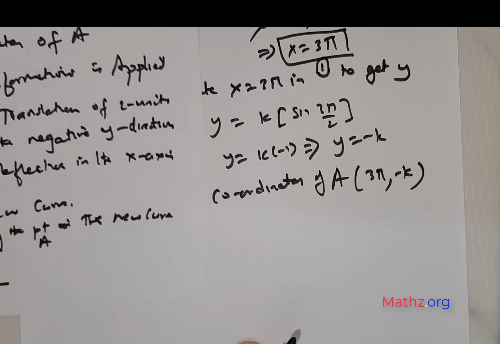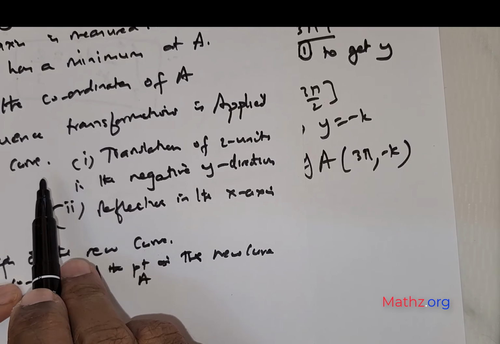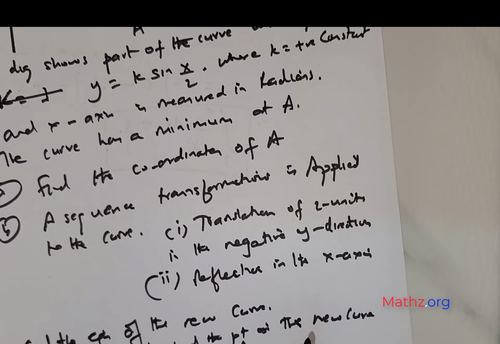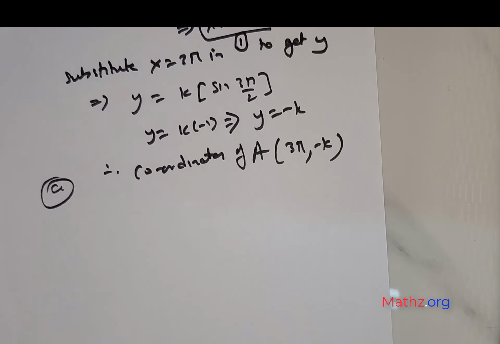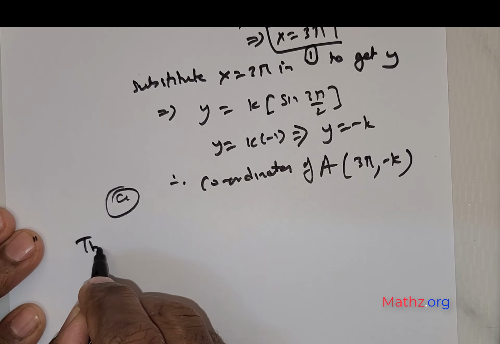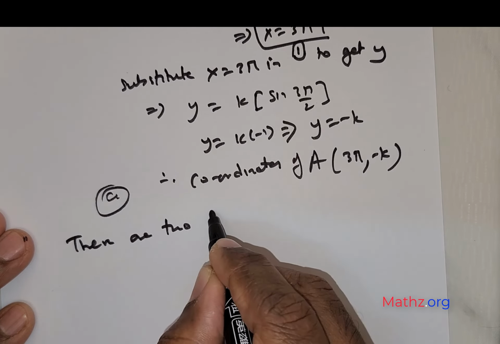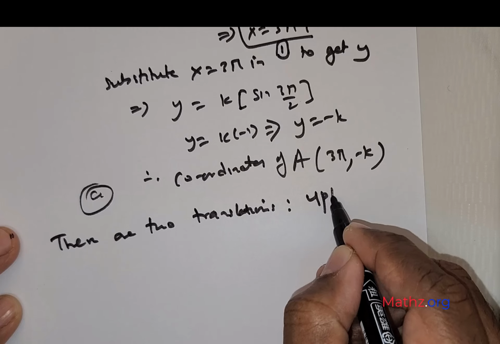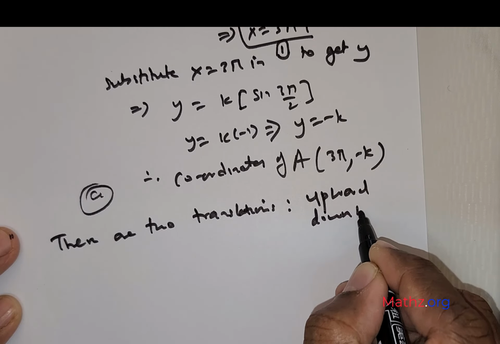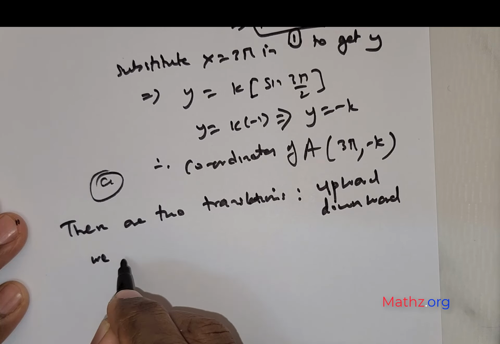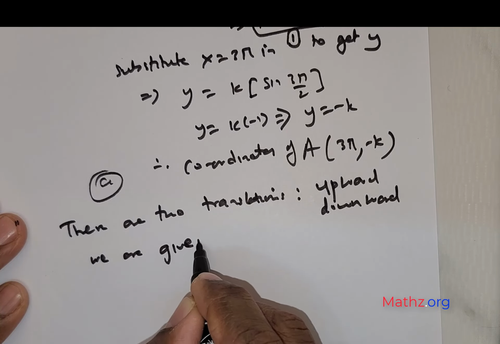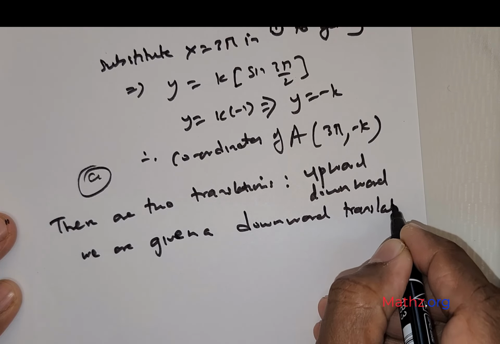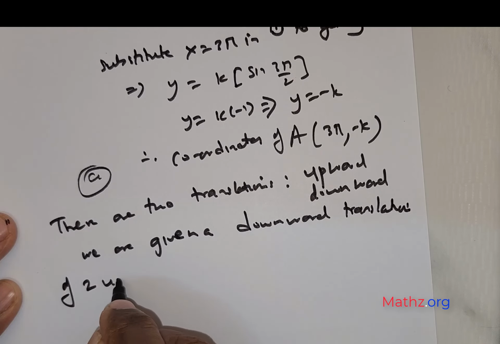Now let me move on to part B. Now what does the part B state? It says the transformation is applied with the translation of 2 units in the negative y direction. Now what is the negative y direction? Let me write that down. There are 2 translations. And what are those? Upward and downward. We are given a downward translation of 2 units.